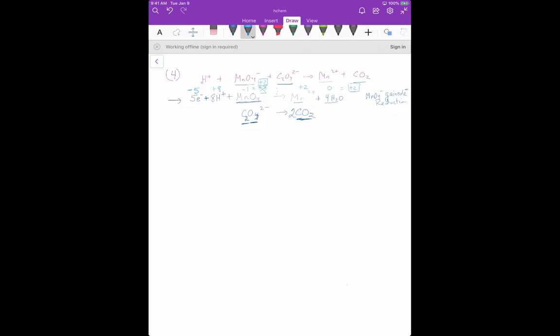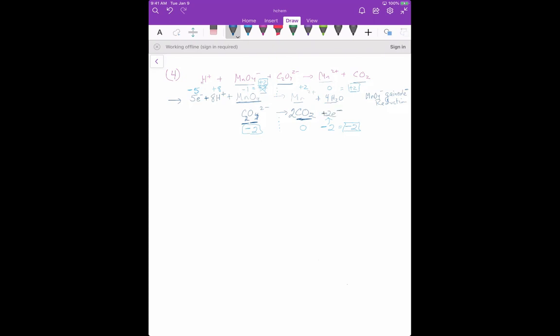So if we look then, I have a -2 on this side and I have a 0 on this side. So how am I going to make them equal? By adding negative charges. I add a -2 over here. That adds up to -2. So how am I going to add -2? Add 2 electrons.